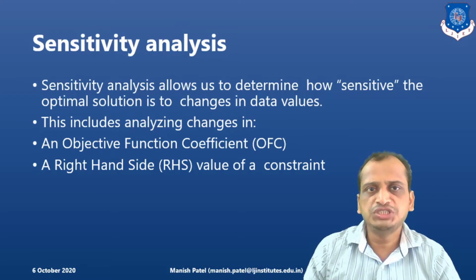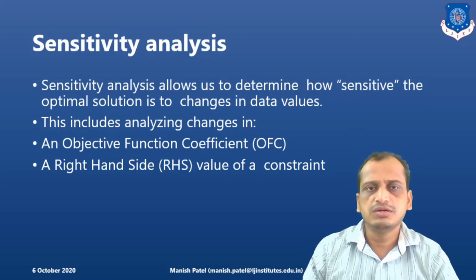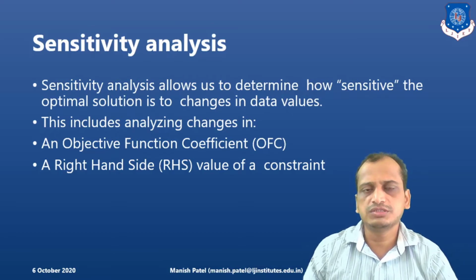We try to check if the optimal solution is sensitive enough. It is also called post-optimality analysis. As the name indicates, after getting the optimal solution, let's say a company is manufacturing tables and chairs, and after getting the solution for maximizing the profit on the number of tables and chairs, what the company wants to know is, if they increase the price of a unit table or a unit chair, what will be the effect on the profit?